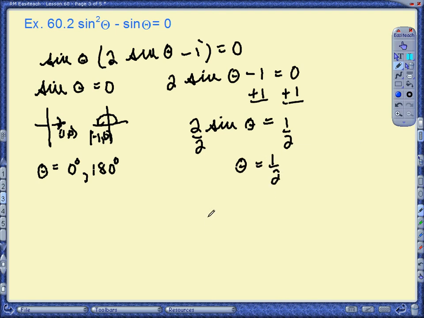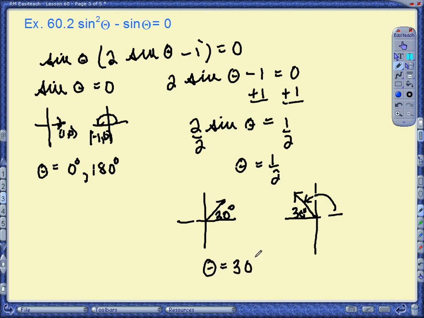Sine is positive in the first quadrant here, and it's also positive in the second quadrant. Both angles are making a 30-degree angle with the x-axis. So we have two angles. Theta equals 30, or theta equals 180 minus 30, which would be 150 degrees.